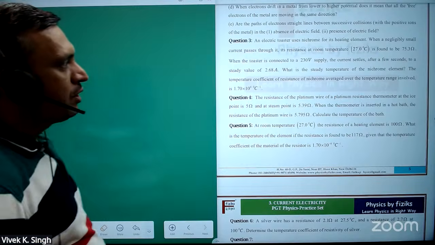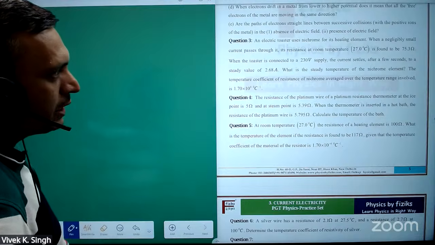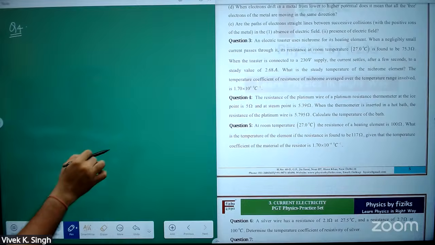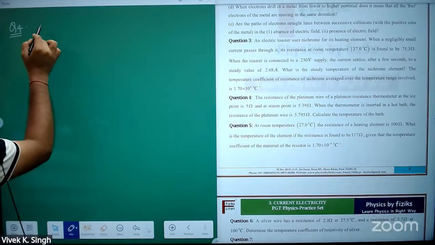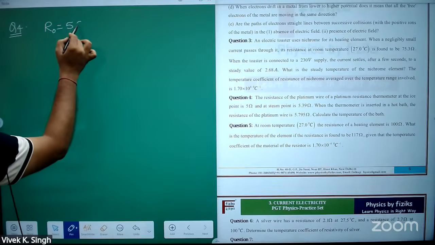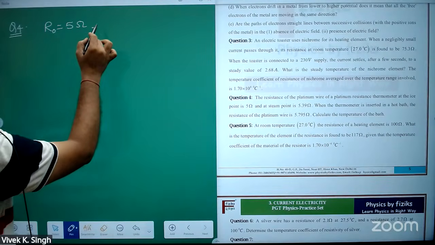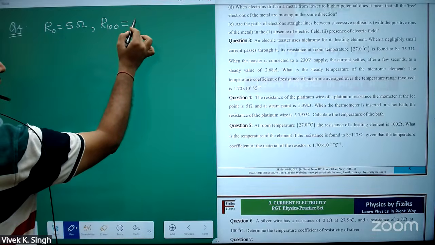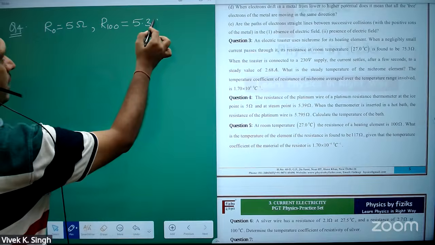The resistance of the platinum wire of a platinum resistance thermometer at the ice point is 5 ohm. Ice point means 0 degree centigrade, so R0 is 5 ohm. Steam point means 100 degree centigrade, so this will be 5.39 ohms.